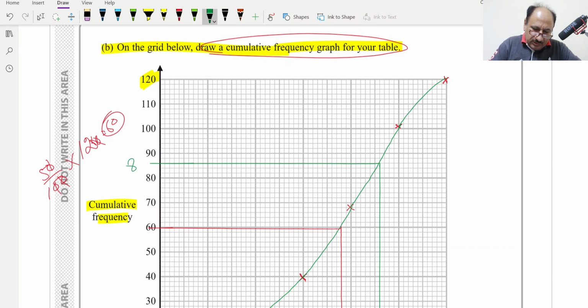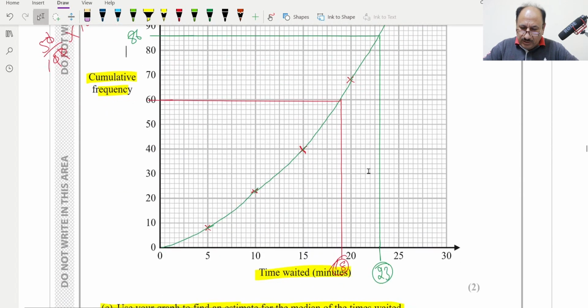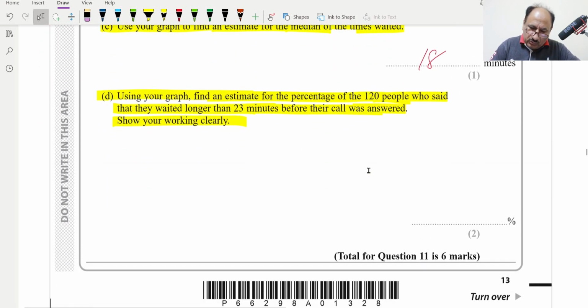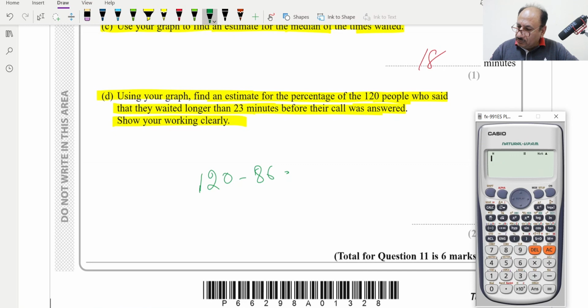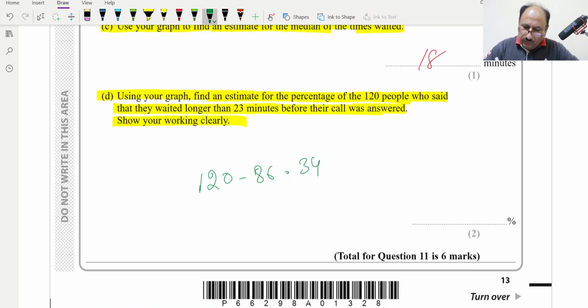So this will be 86, and we can write here 120 minus 86. 120 minus 86 is equal to 34.